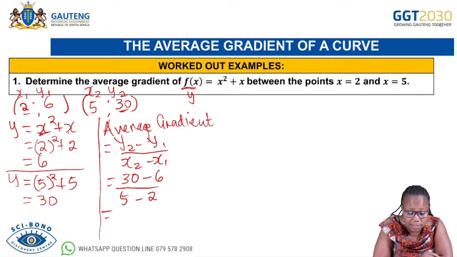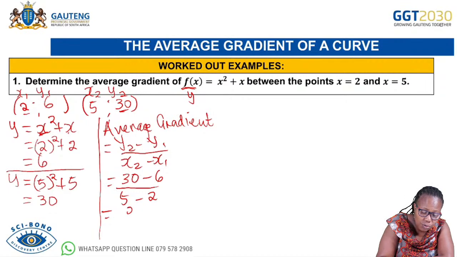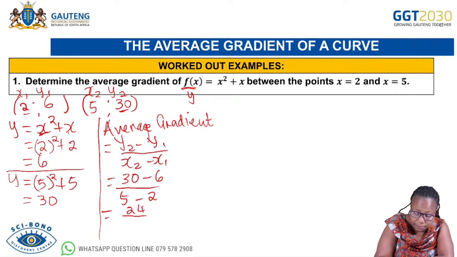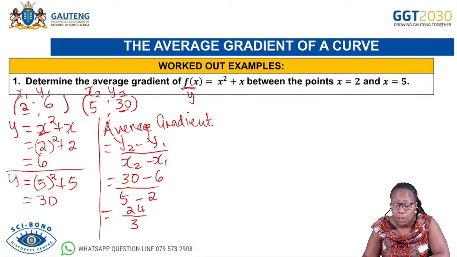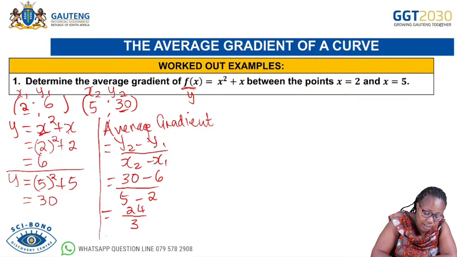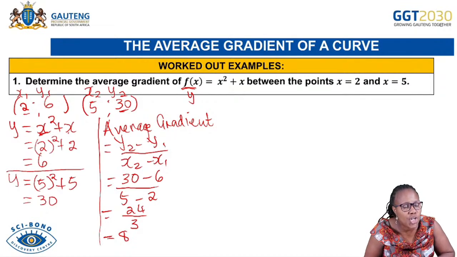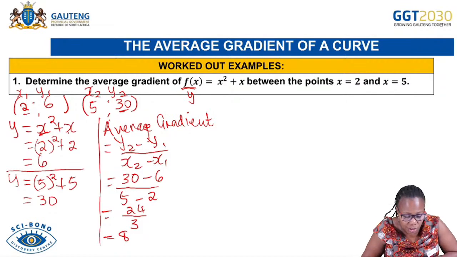Grade 12, basically this will give us 30 minus 6, which is 24, then 5 minus 2, which is 3. Which is eventually giving us an answer of 8, all right? So that is all about gradient. Gradient is gradient. Average gradient, gradient is gradient. Is the change in y over the change in x.